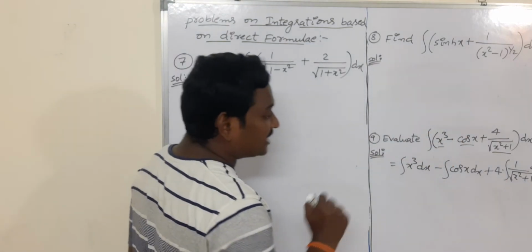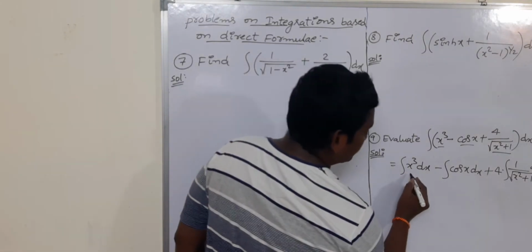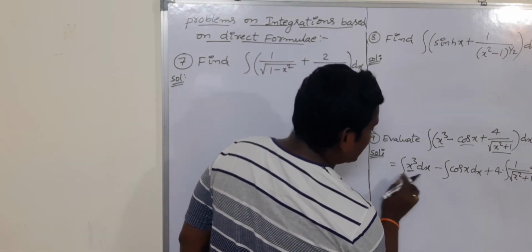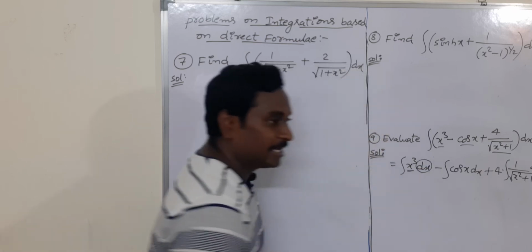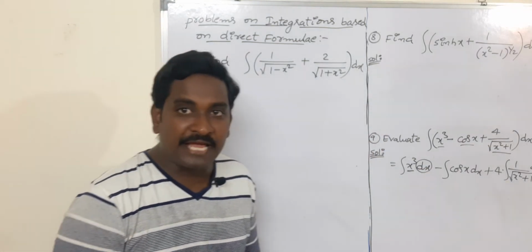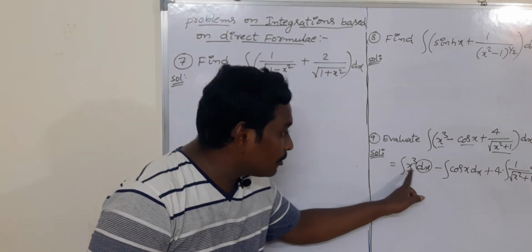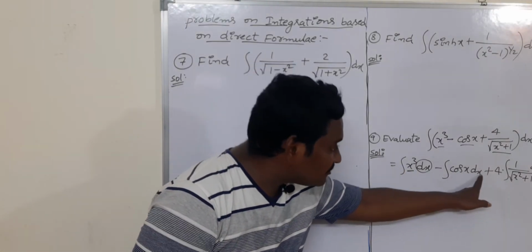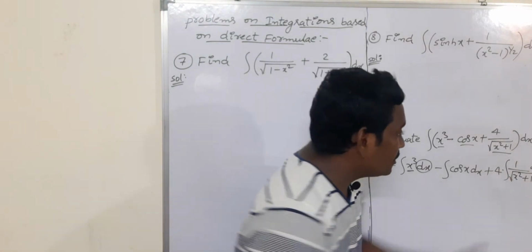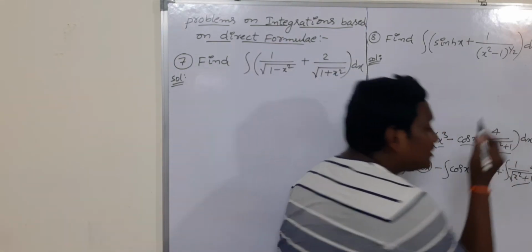Okay, one important thing, don't forget this. Whenever you are writing integration of x cube, don't forget to write dx. It means that we are going to take the integration of the term x cube with respect to x. We are going to take the integration of cos x with respect to x. So we are going to take the integration of this term with respect to x.